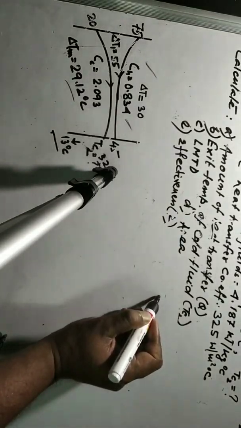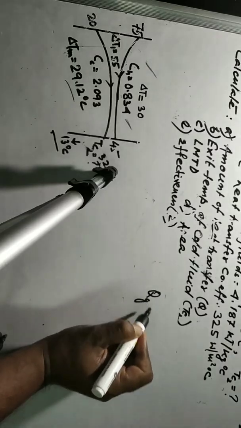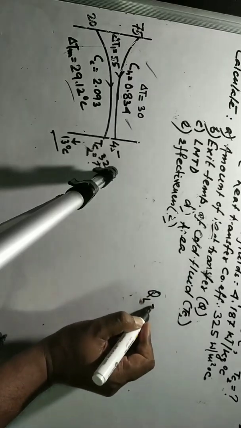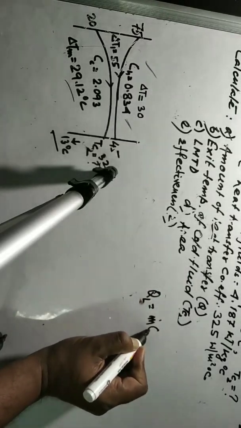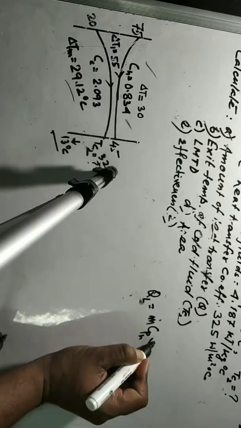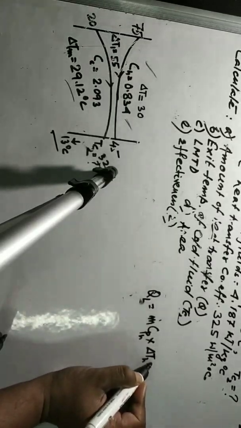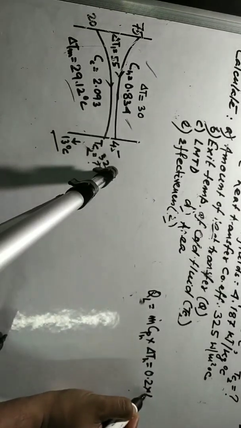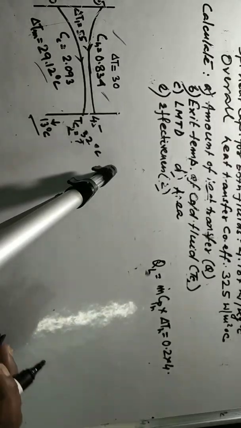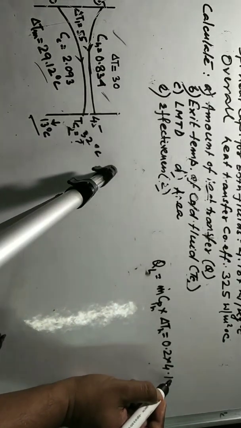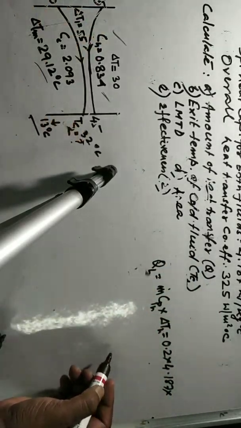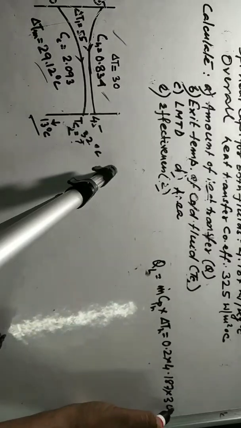So let us take for hot fluid, what is the heat loss by hot fluid? Heat loss by hot fluid is flow rate, specific heat capacity of hot fluid into temperature difference, that is 0.2, 4.187 into temperature difference 75 minus 45, that is 30.